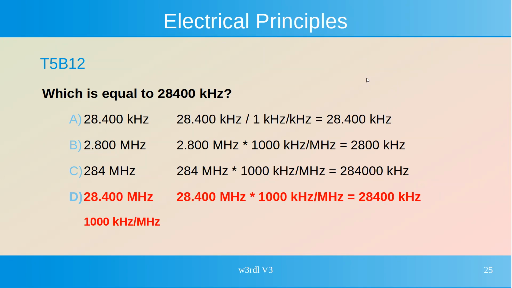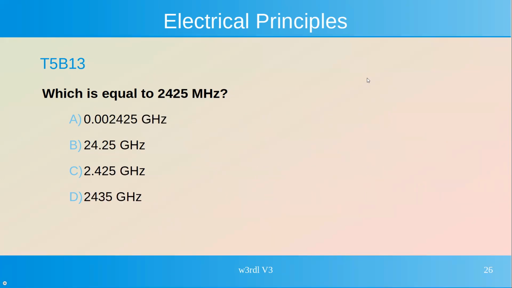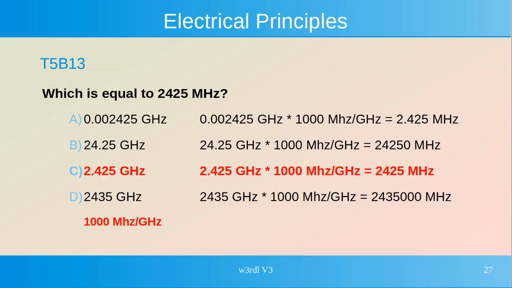Which is equal to 3,425 megahertz. Charlie. I think the reason they put that in there is that's the cell phone frequency. And amateur also. We share that.